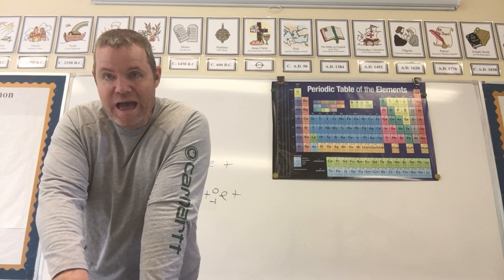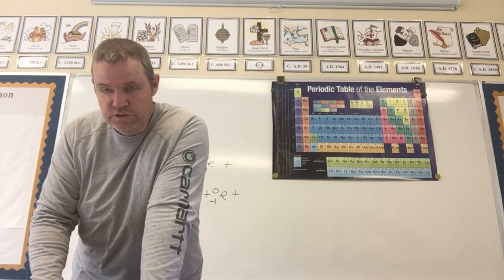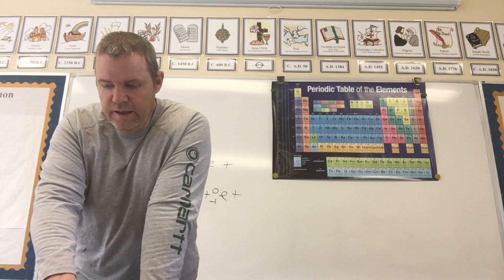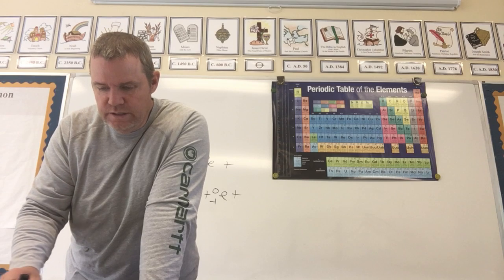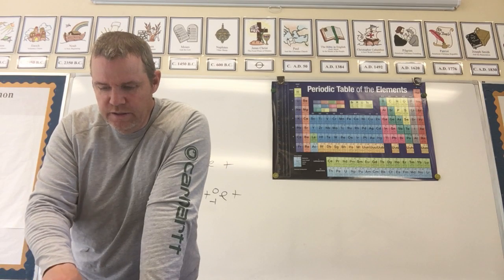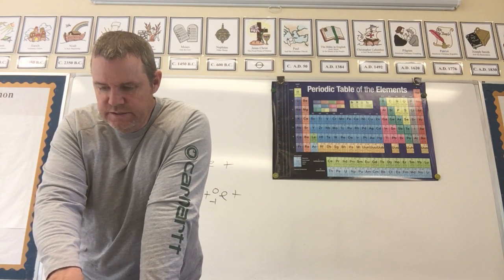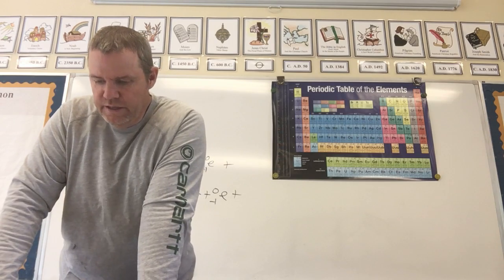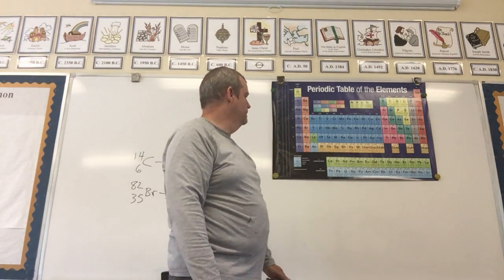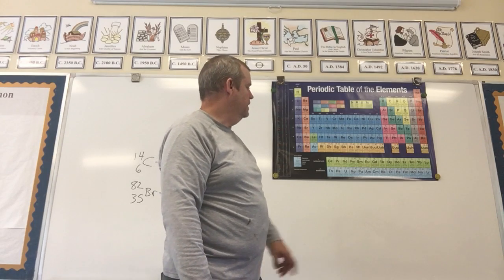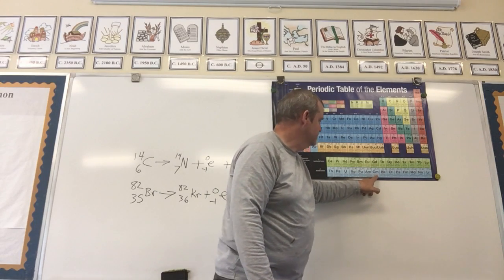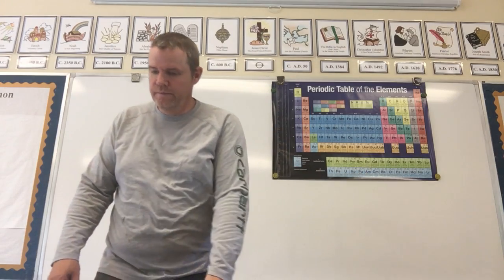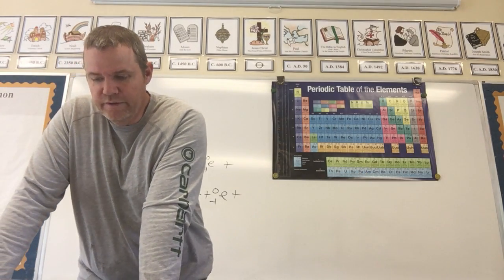The mass number decreases by 4 because it took 2 protons and 2 neutrons. The stability increases, and it gives you an example there of Cm, which is curium breaking and becoming plutonium and giving off the helium.